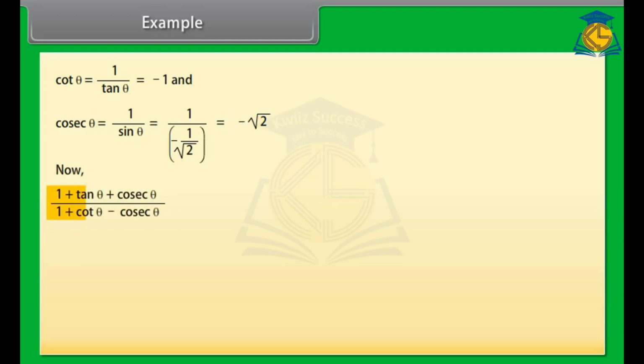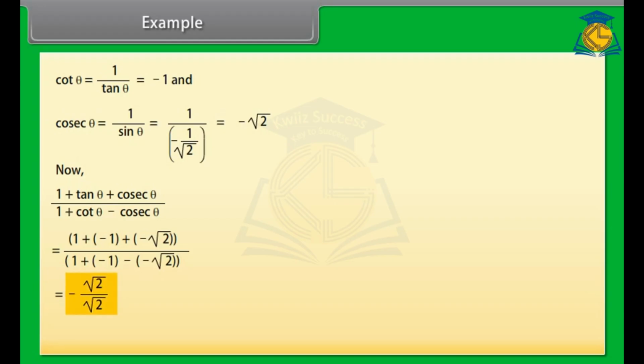Now, (1 plus tan of theta plus cosec of theta) by (1 plus cot of theta minus cosec of theta) is equal to (1 minus 1 minus under root 2) by (1 minus 1 plus under root 2) is equal to minus under root 2 by under root 2 is equal to minus 1.